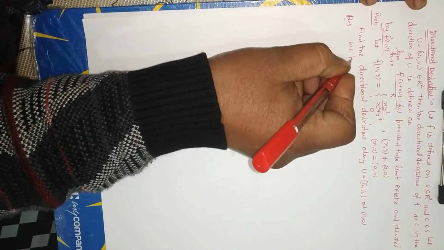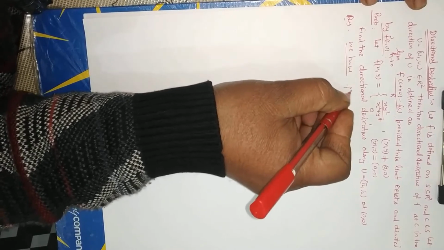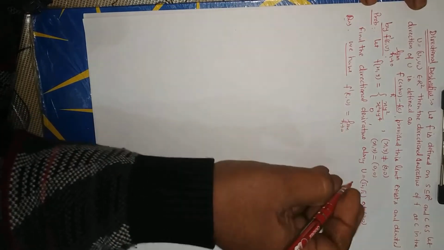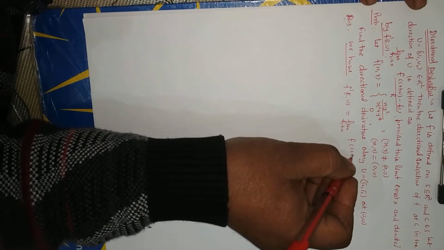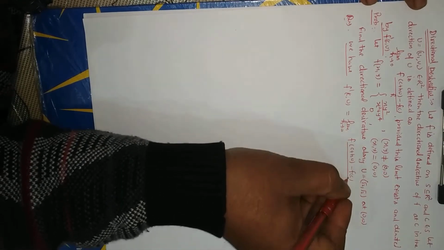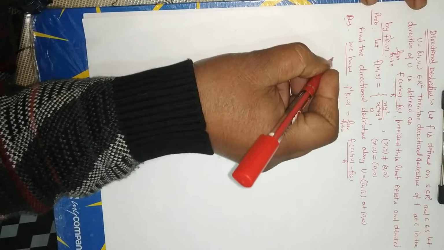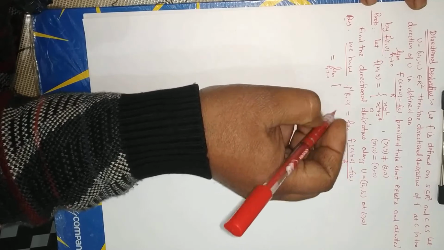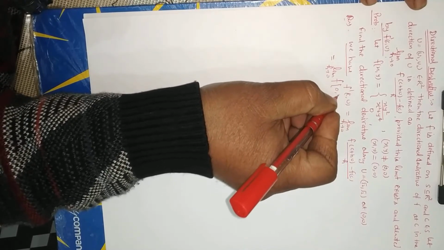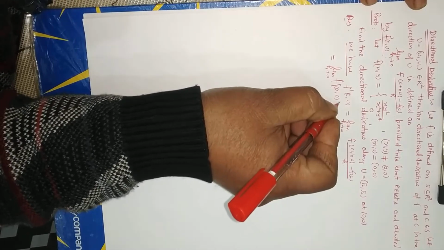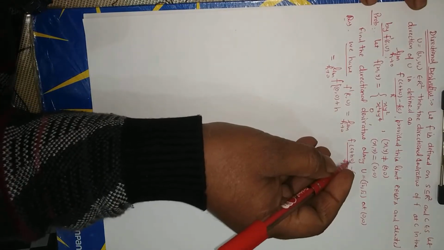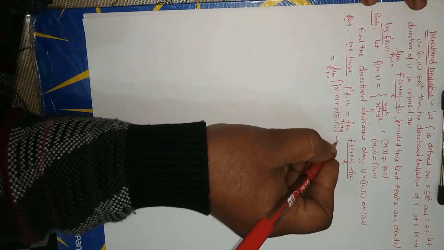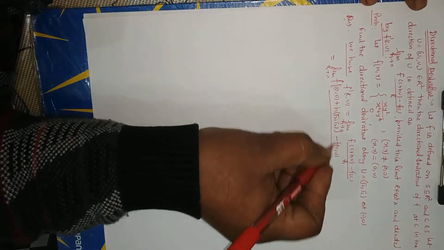Now we have f dash c u equal to limit h tending to 0 of f of c plus hu minus f of c upon h. This equals limit h tending to 0 of f of (0 comma 0 plus h times u, that is under root 2 comma under root 2) minus f of 0 0, that is f of c, upon h.